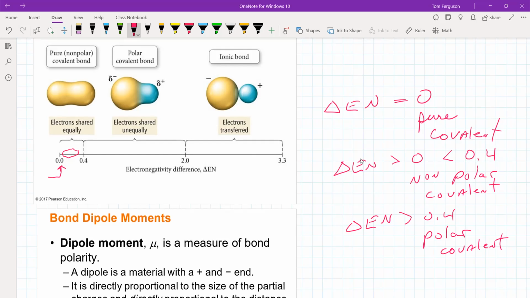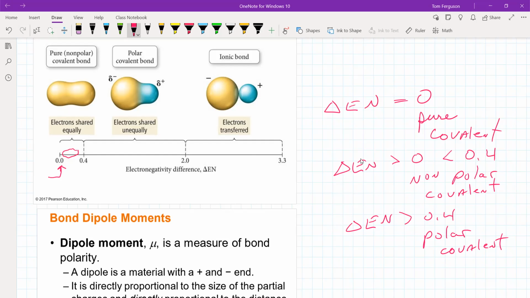Some of them say greater than or equal to 0.4 or 0.5. Some say greater than 0.4 or 0.5. So in one case they include it, in one case they don't. And the point is, it goes from 0 to 3 and beyond.